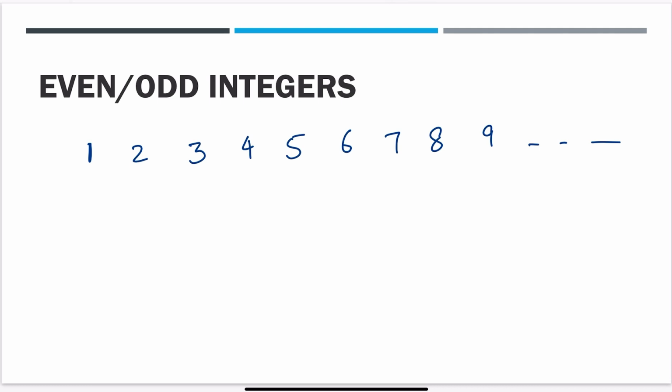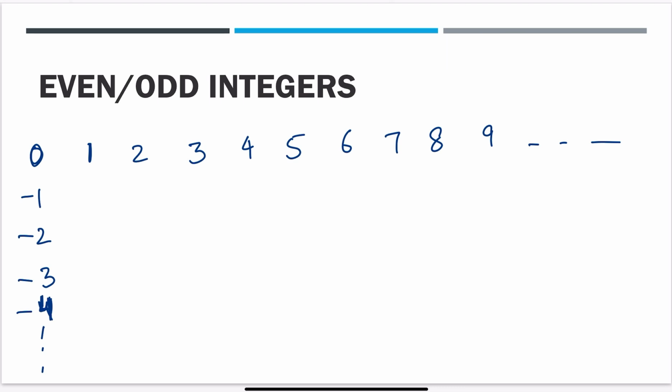And one more thing, the difference between an integer and a natural number is that an integer also has negative numbers. Means if I write a 0 here, then minus 1, minus 2, minus 3, minus 4. All these are integers. Why? Because these are non-decimals. There is no restriction that it has to be greater than 0, it has to be greater than 1.